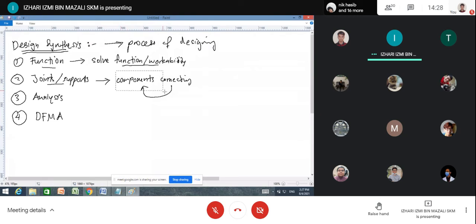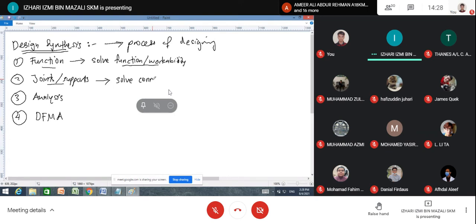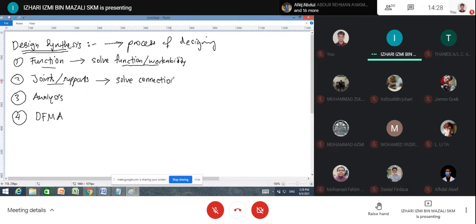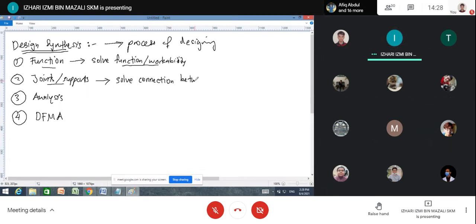So basically, for question number 2 is to solve the connection between components. Means now we go a bit more detailed. Okay, so in this case, after you have completed number 1 and number 2, you should more or less get the idea already on how to improve your design.